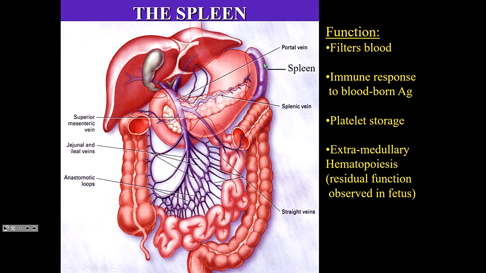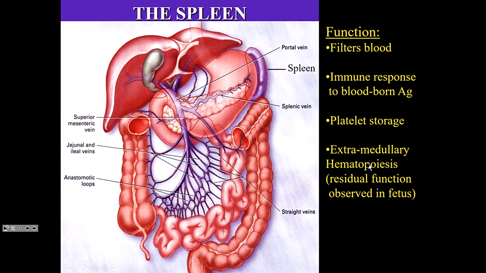And also the spleen is capable of extramedullary hematopoiesis. So when we say extramedullary, medullary is referring to the bone marrow. So extramedullary, outside of the bone marrow, hematopoiesis. So again, the spleen, just like the liver, has this genetic memory of its second trimester fetal life. Remember second trimester, the hepatosplenothymic phase of hematopoiesis.